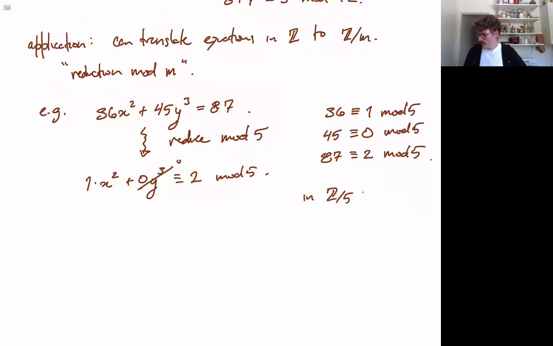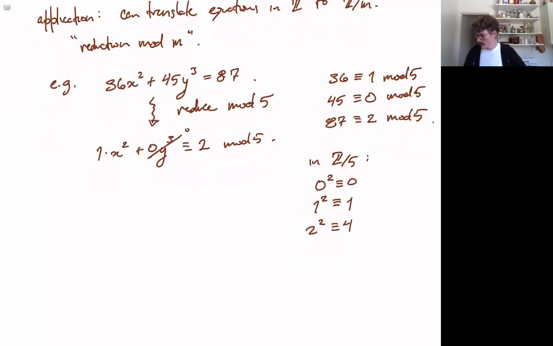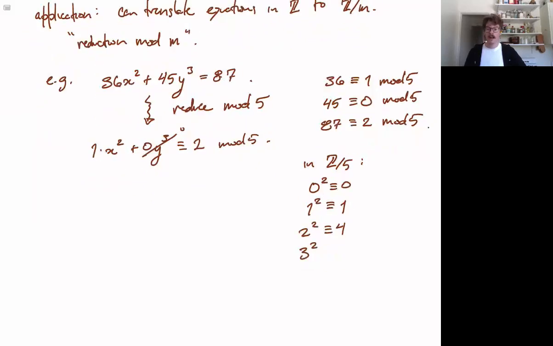So in Z mod 5, let me just not write mod 5 everywhere, but that's what I mean. 0 squared is congruent to 0, 1 squared is congruent to 1, 2 squared is congruent to 4, then let's see, 3 squared is 9, which is 5 plus 4. So that's again congruent to 4. 4 squared is 16, which is 15 plus 1.